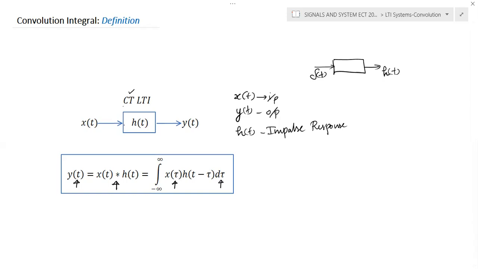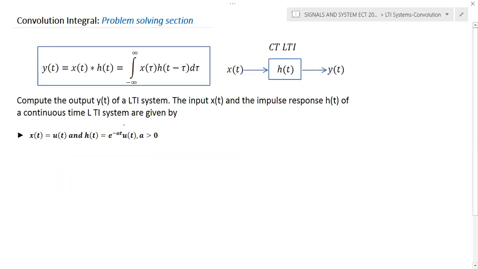Now we'll discuss only the problems related to the convolution integral. So we can find the output of a continuous time LTI system if we know the input x of t and the impulse response. Now we'll discuss the first question. Here you can see that we need to compute the output y of t of the LTI system.